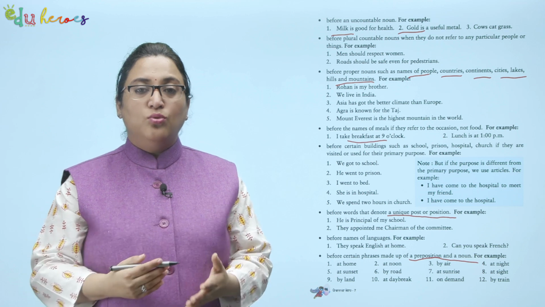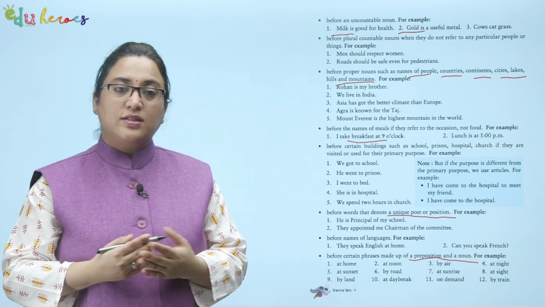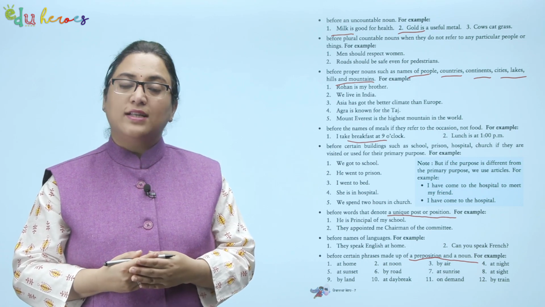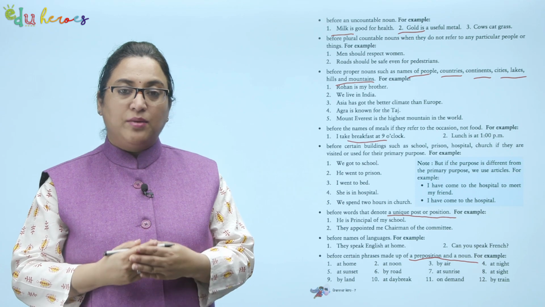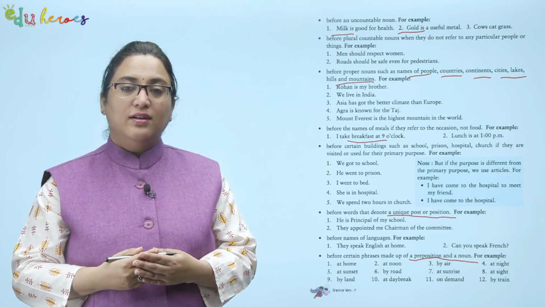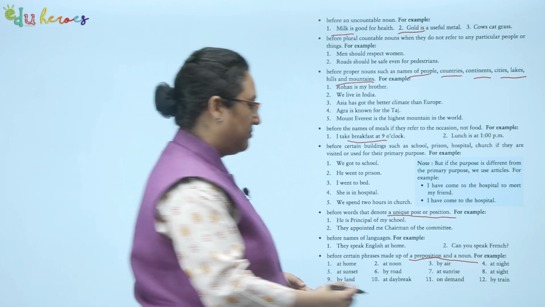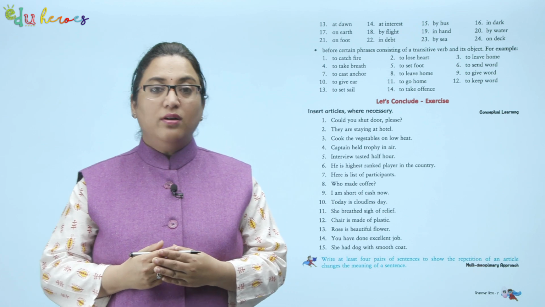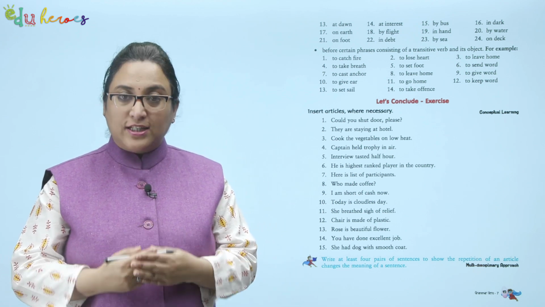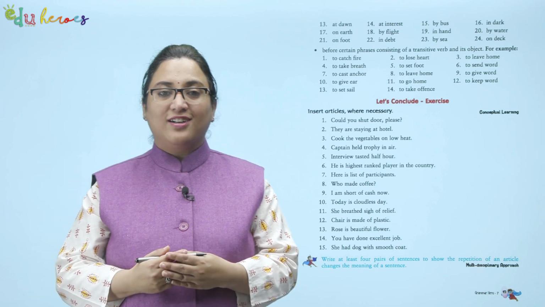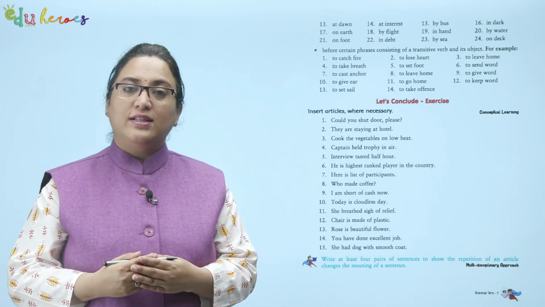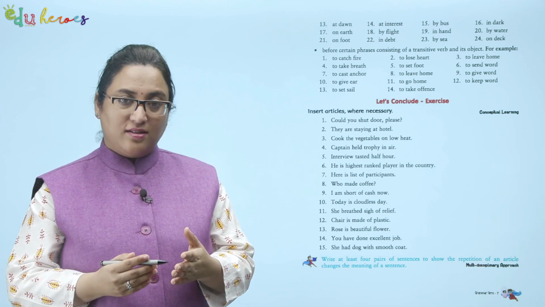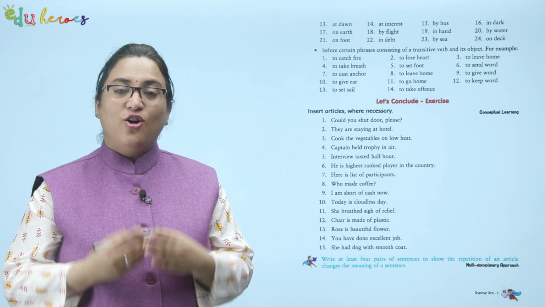At home, at noon, by air, at night, at sunset, by road, at sunrise, at sight, by land, at daybreak, on demand, and by train. Few more. At dawn, at interest, by bus, in dark, on earth, by flight, in hand, by water, on foot, in debt, by sea and on deck.